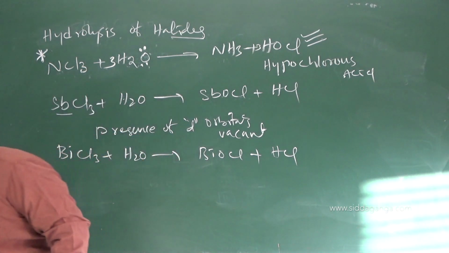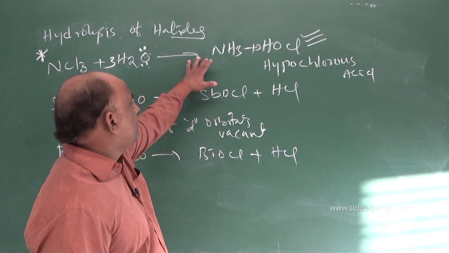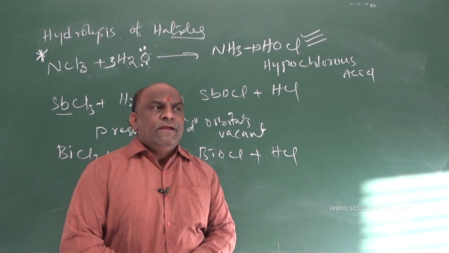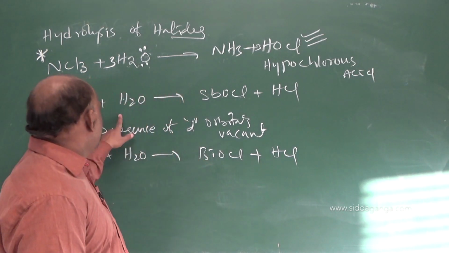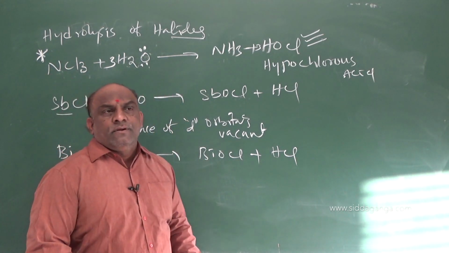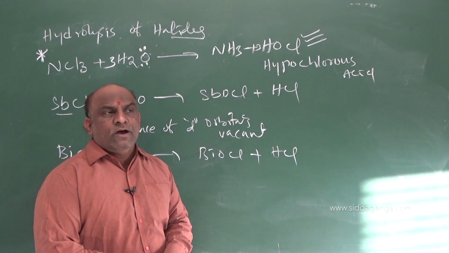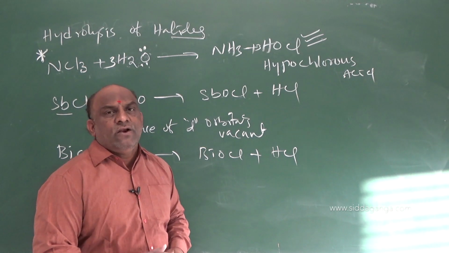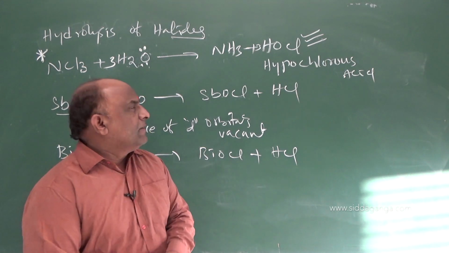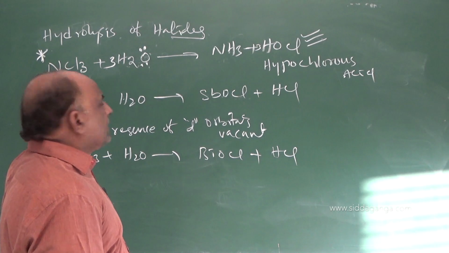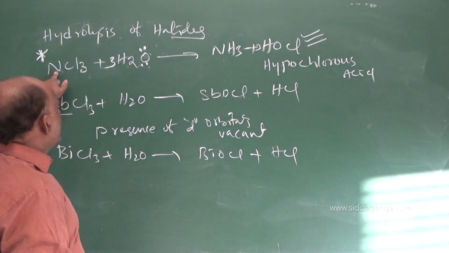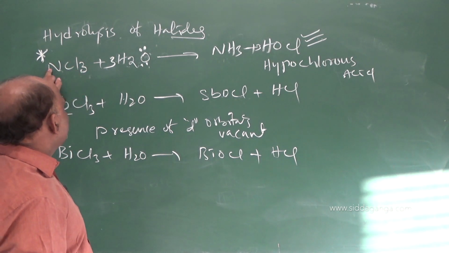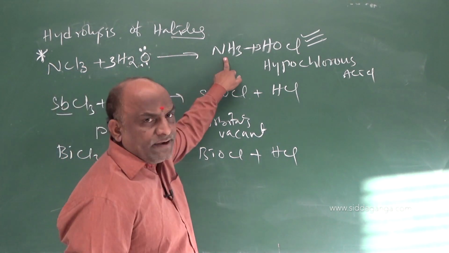So make a note, these are very important reactions. Hydrolysis of trihalides, except nitrogen, antimony and bismuth, the remaining ones, phosphorus trihalide and arsenic trihalide, follow the general pattern. Due to the absence of vacant d orbitals in the nitrogen atom and the presence of vacant d orbitals in the chlorine atom, the hydrolysis of NCl3 follows a different pattern.